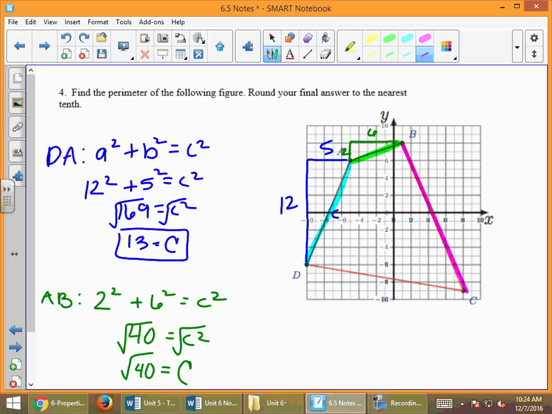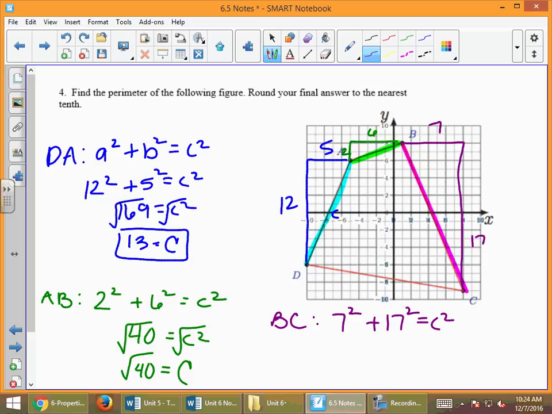We're going to find BC. Make your right triangle. Count your legs. What's the distance of this leg? What's the distance of this leg? Plug in Pythagorean theorem.